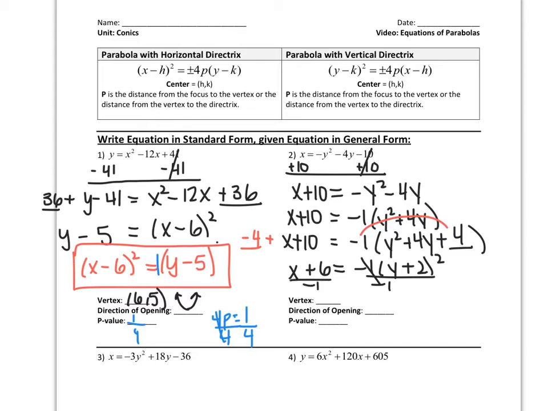If we do that and switch the order around a little bit, we'll get (y + 2)^2 = -1(x + 6). So we know that our vertex is x first, so negative 6, negative 2.